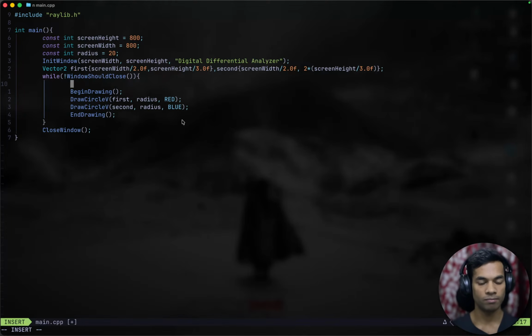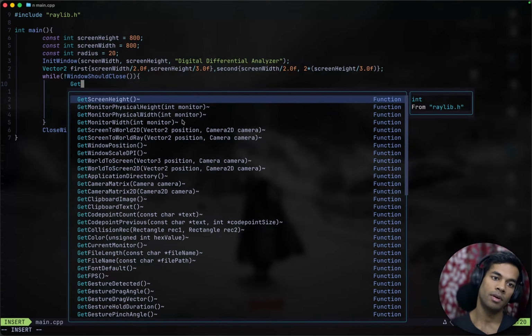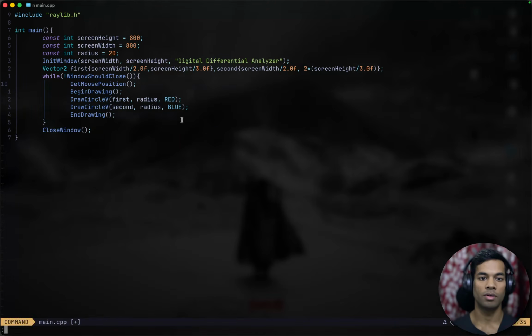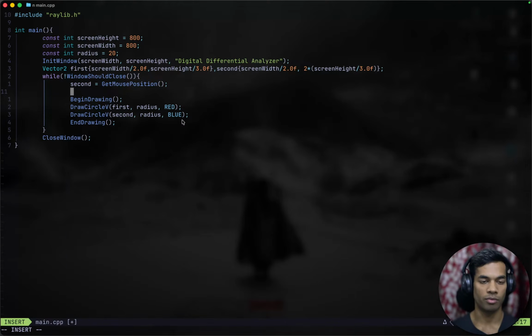Okay, let's first add this: first equals get mouse position and second equals get mouse position.